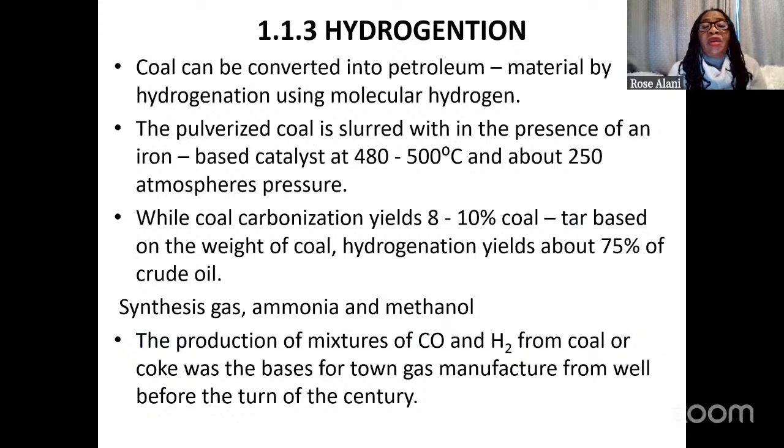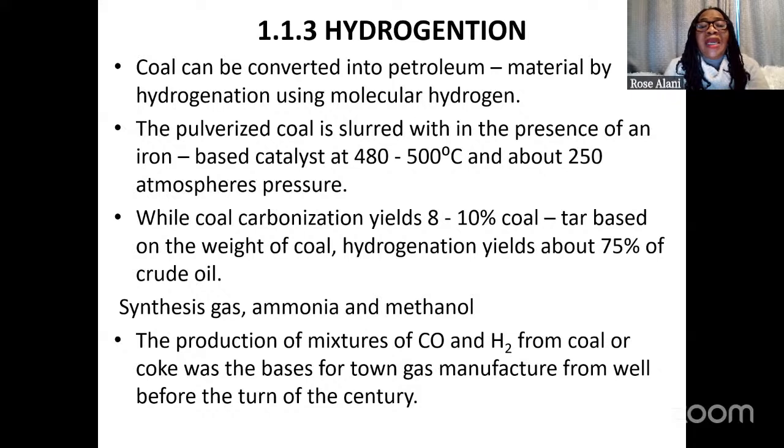So coal can be converted into petroleum material by hydrogenation. We have looked at carbonization, we have looked at gasification, we want to look at hydrogenation. So coal is converted into a petroleum kind of product by hydrogenation process using molecular hydrogen.